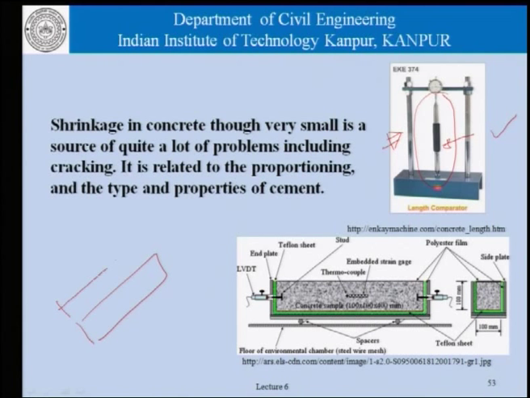So, if we have a concrete prism which is shown here and we have a length corresponding to that, the changes in this length here, sometimes the concrete expands or it contracts. So, whatever dimensional changes take place here, that can be measured using a comparator. As far as the laboratory techniques are concerned, there is often very sophisticated equipment which needs to be fabricated and used if we are doing research work on shrinkage of concrete.